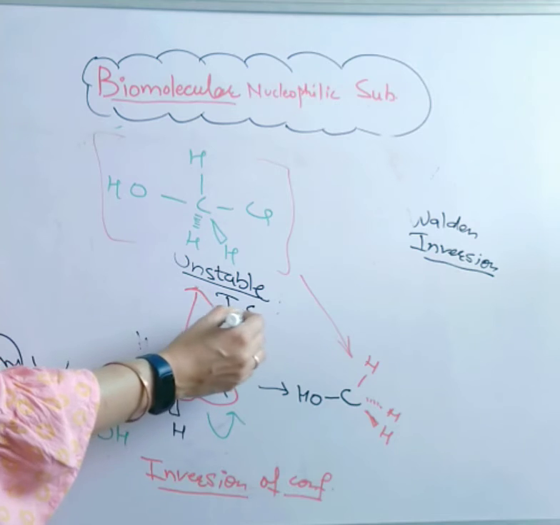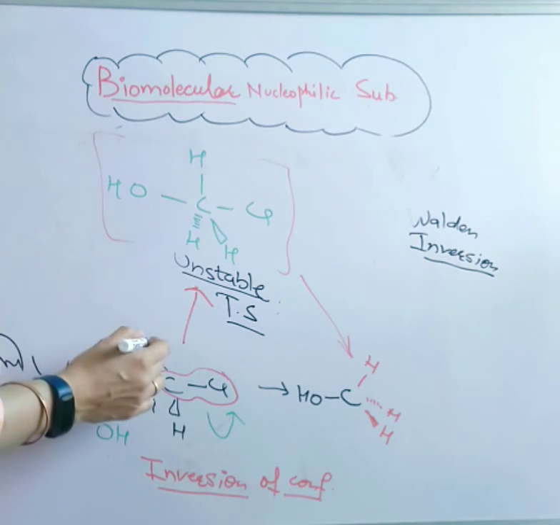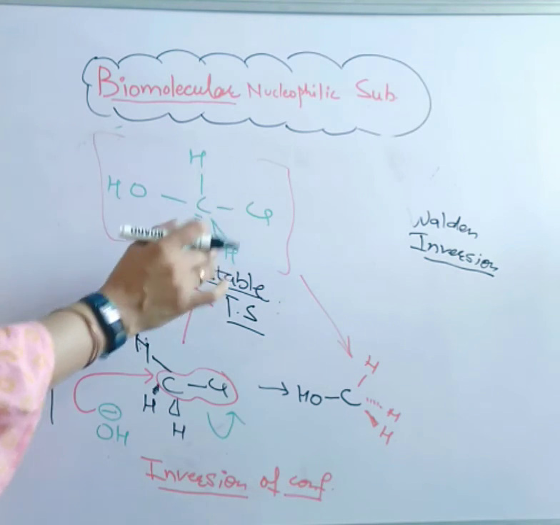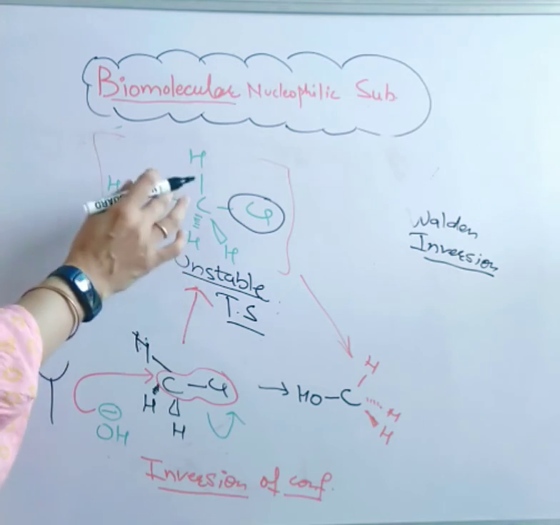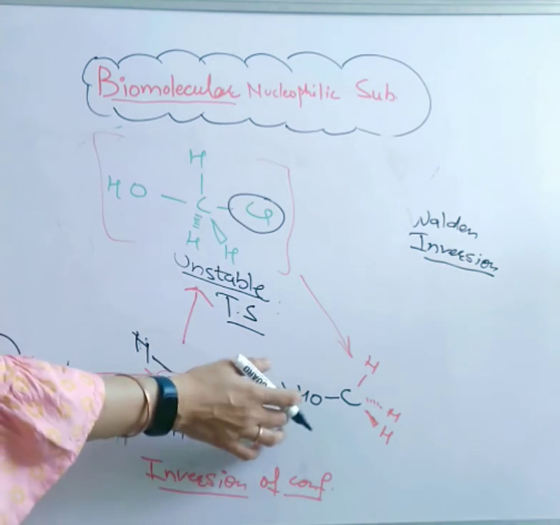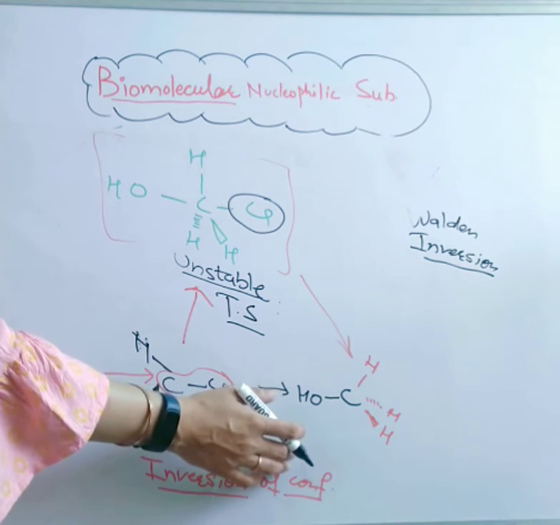An unstable transition state, intermediate between these two. Due to instability, there is a displacement of chloride ion and a movement of inversion of this configuration, and that results in formation of this product. So this is all about it.